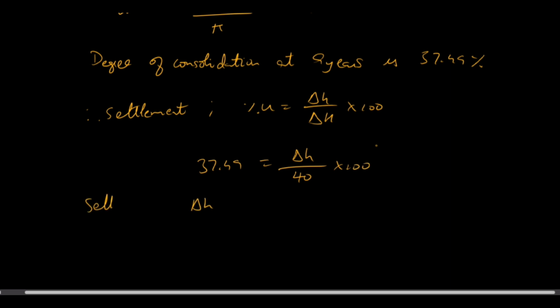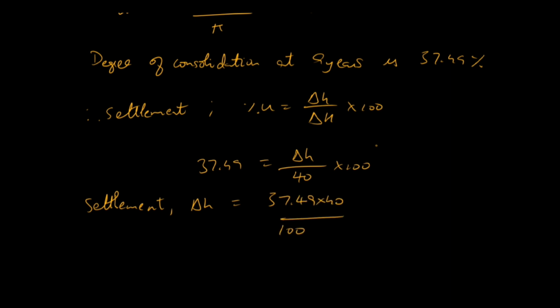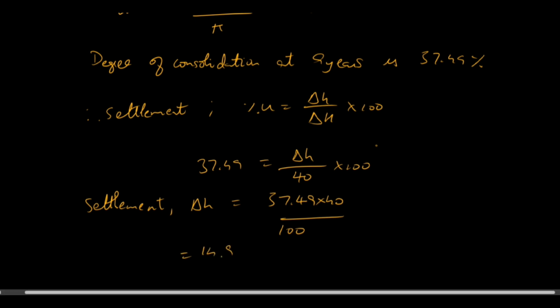So the settlement delta H will be equal to 37.49 into 40 divided by 100, which gives 14.9 mm, which is equal to 15 mm.